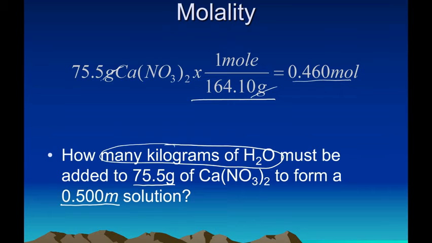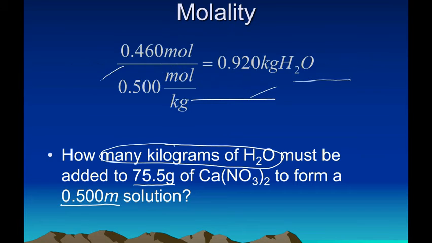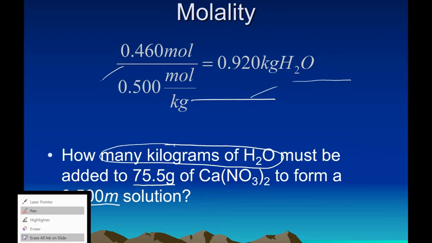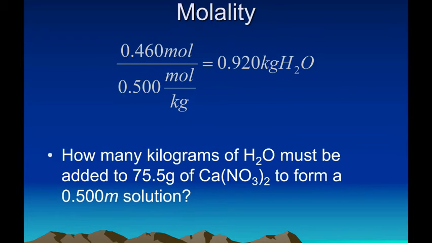That's how many moles I have, but I still need to go back to my question, which is asking how many kilograms of water. So how did I get that? I have molality equals moles of substance divided by kilograms of solvent, and in this case, it's water.